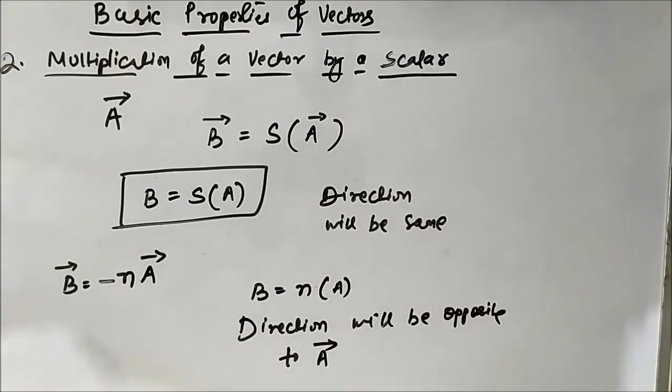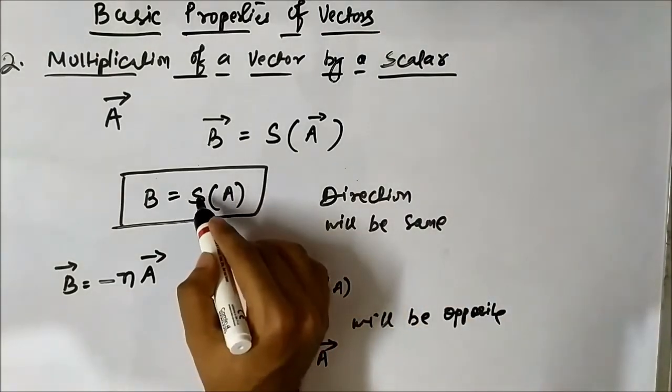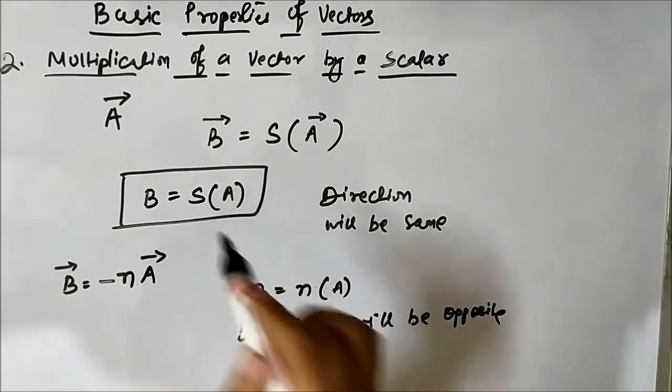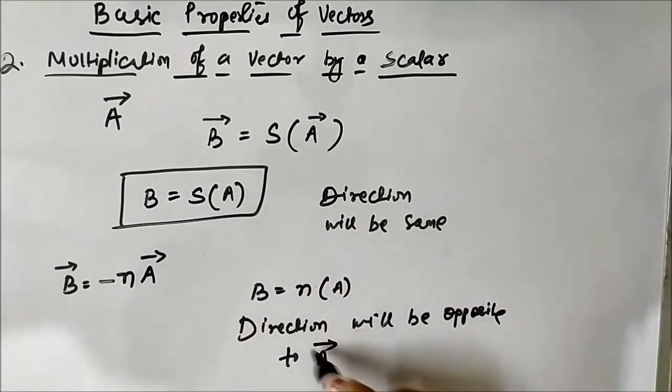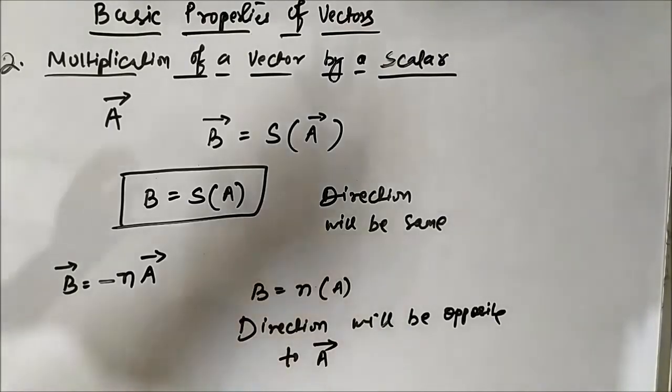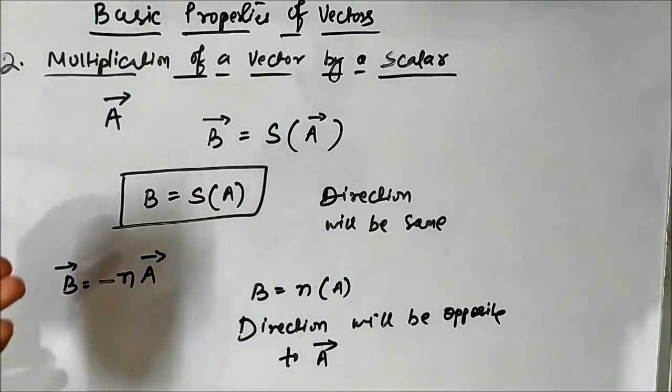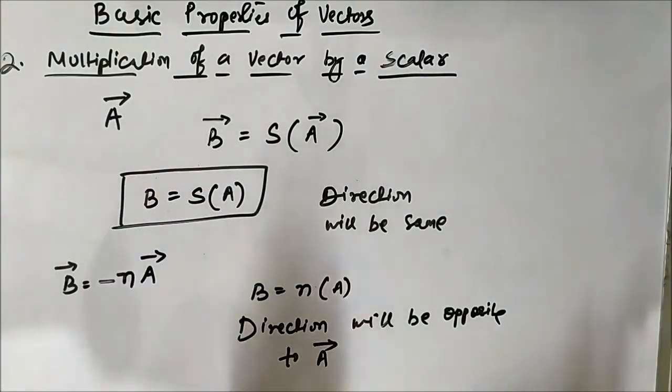Here also, in case of multiplication of a vector by a scalar, if the scalar value is negative, then the magnitude will become s times A, but the direction will be opposite to that of A vector. So both the multiplication of a vector by a real number or a scalar quantity is the same, the concept behind them is the same.